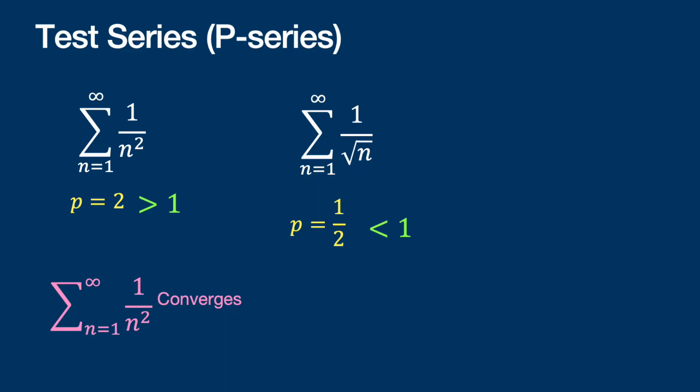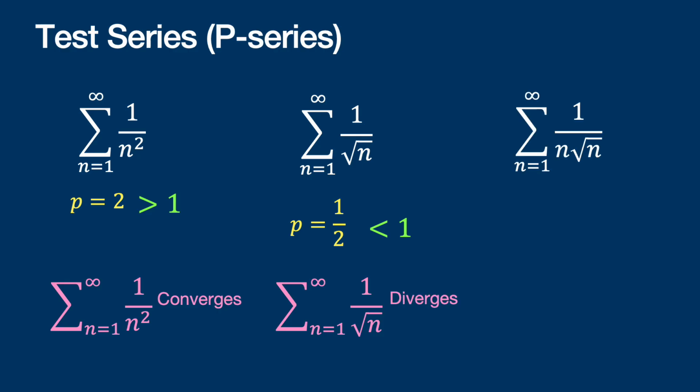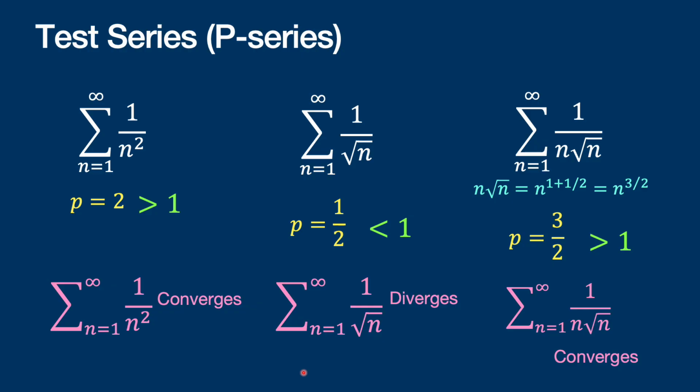This one is less than 1 and greater than 0, so this P series diverges. Next one: summation of 1 over n times the square root of n. You have to find the P value right here. n times the square root of n is 1 plus 0.5, so 3 over 2. P is greater than 1, so that converges. Do you understand the P series?